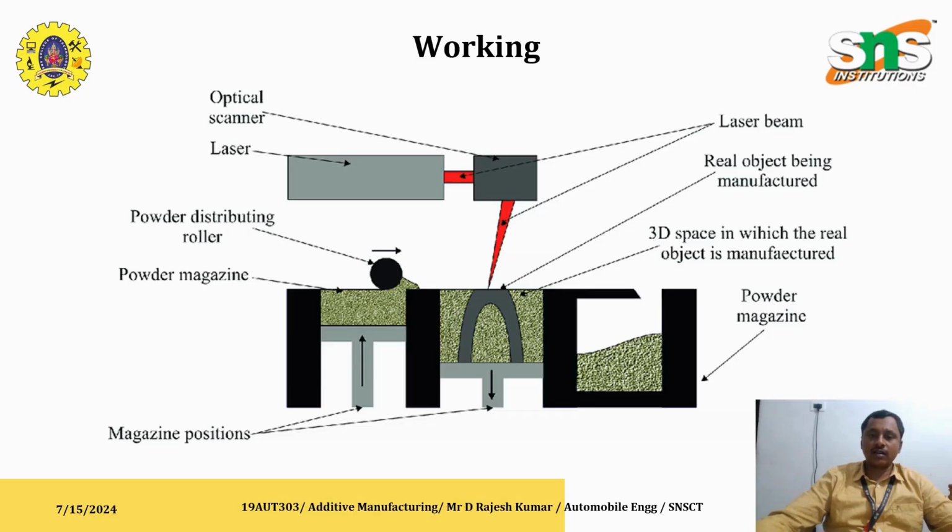Then the laser starts providing the laser energy, and this laser energy or the laser beam is focused on the powder. So through this action, the laser melts the powder, and it fuses, and it bonds with the another layer. So this process is continued, and the scanning takes place according to the given 3D object or given 3D model.